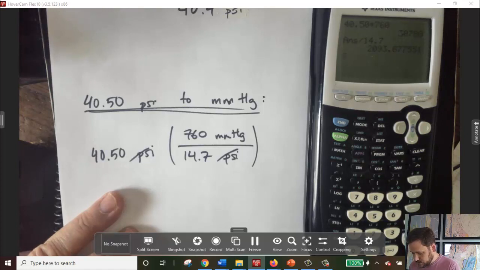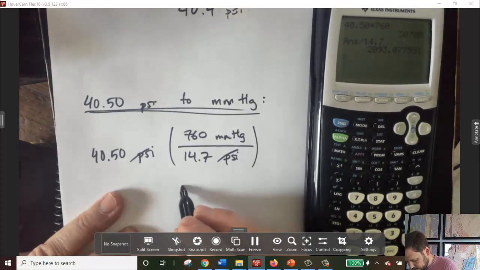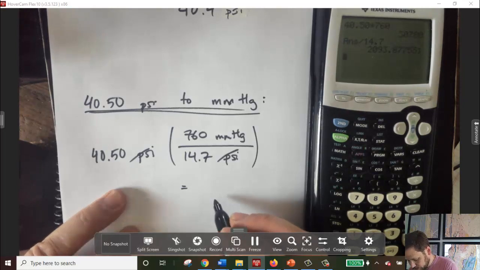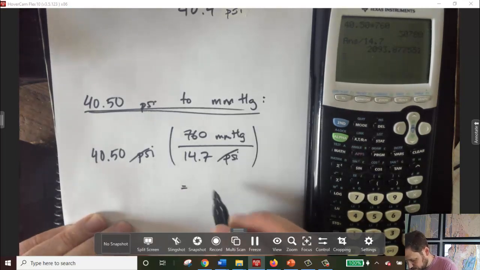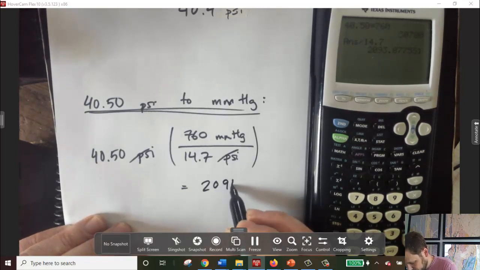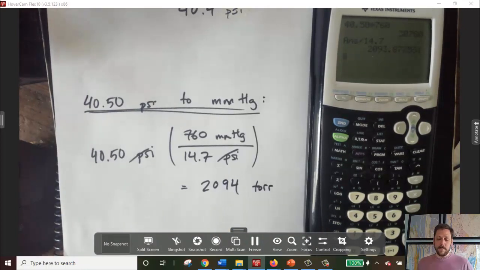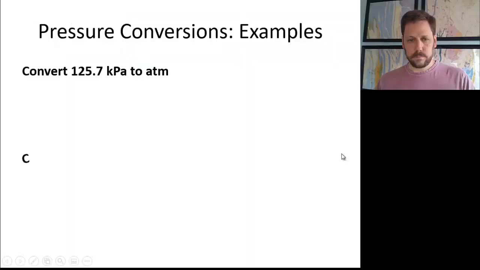And we get 2,093 millimeters of mercury, which makes sense. 40 psi is about 3 atmospheres, and that's about 2,100 millimeters of mercury. I'm going to round that to 4 significant figures. 2,094 millimeters of mercury. Remember, torr and millimeters of mercury are the same thing.